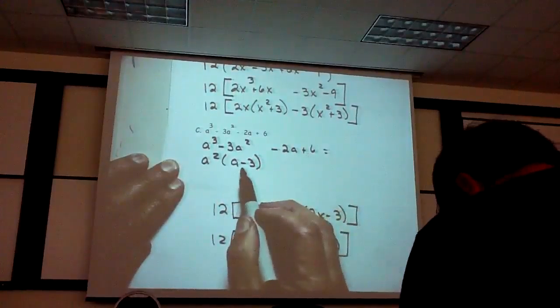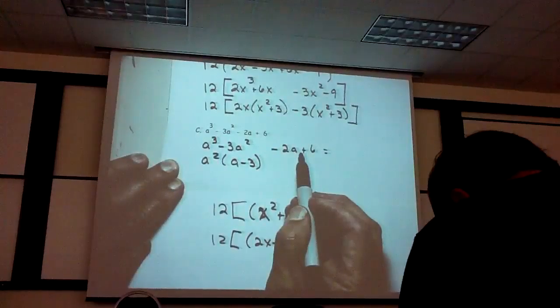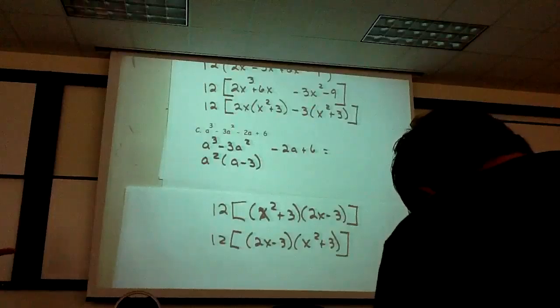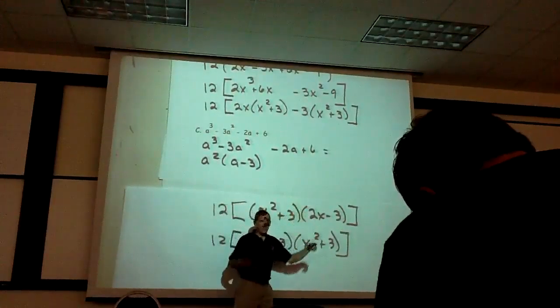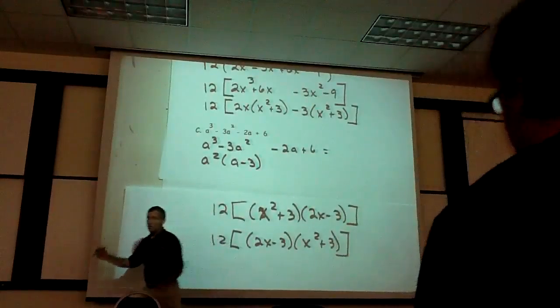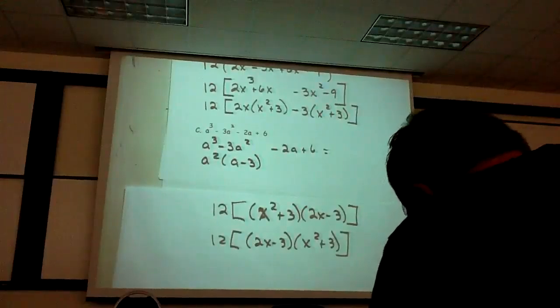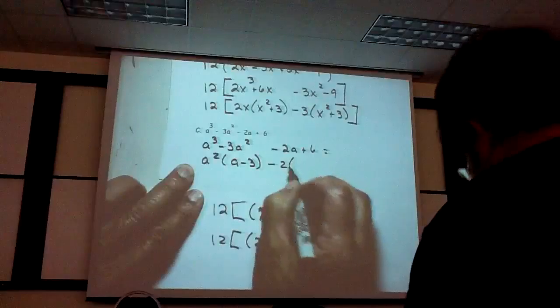And I want to get a minus 3 in the parentheses, so what do I take out? Negative 2. Now you realize I could take out a positive 2 legitimately, but that would give me negative a plus 3 in my parentheses, not a help. So I want the exact same thing, a minus 3, to show up again. In order to do that, I've got to take out a minus 2.